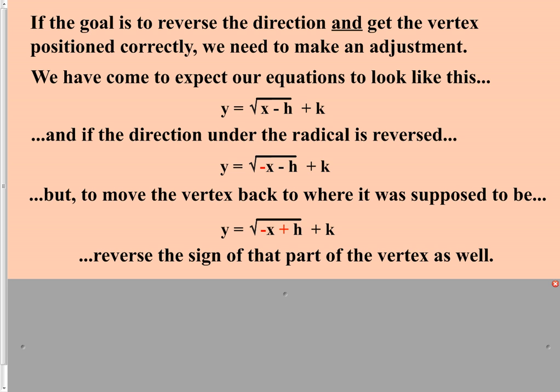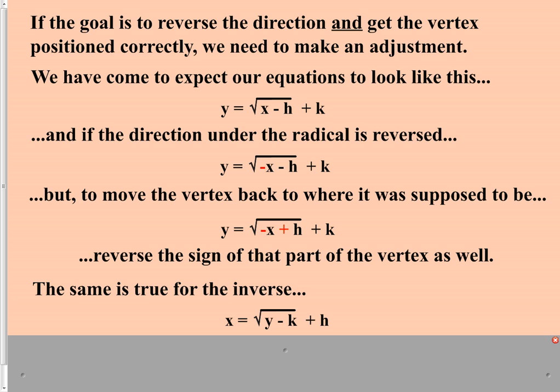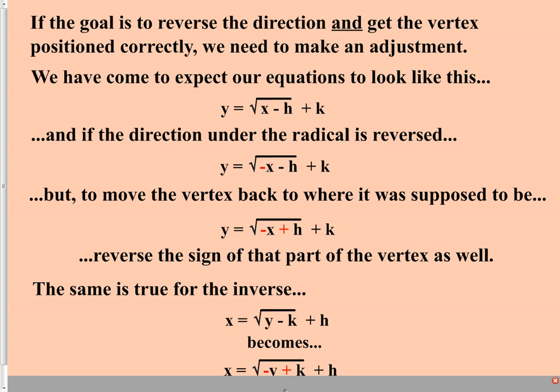Now, the same procedure, which may sound a little confusing at this point, is also true for the inverse of these equations if we ever happen to bump into them. If you start off with a square root function that is x equals the square root of y minus k, plus h, and the y-axis wants to be reversed, that is fine, but you are going to have to translate the vertex back across the x-axis so the vertex will be correct.